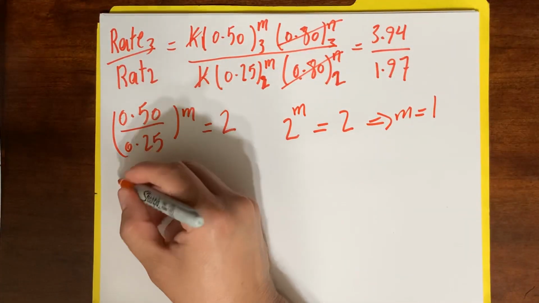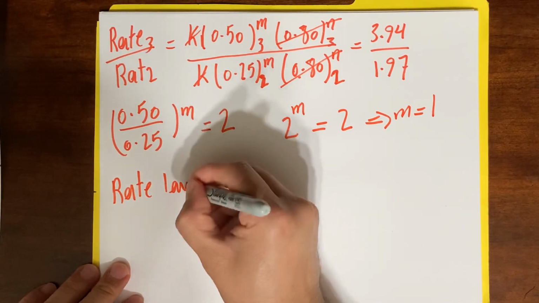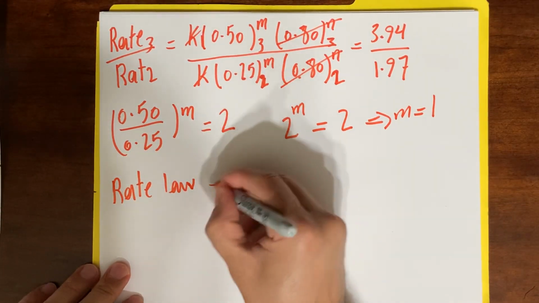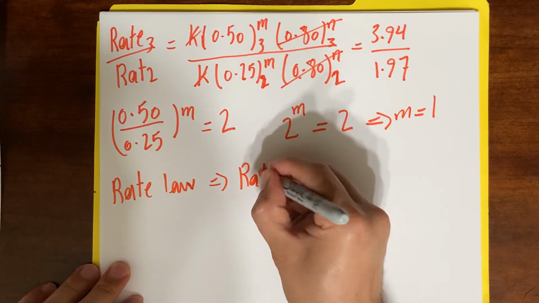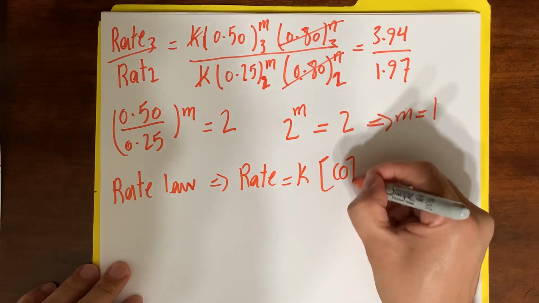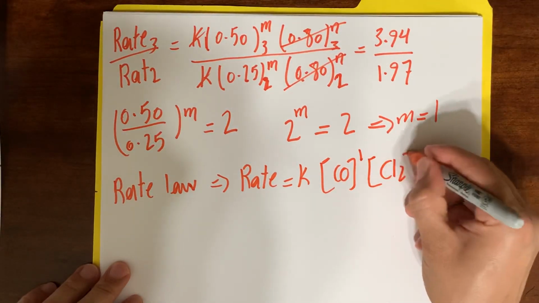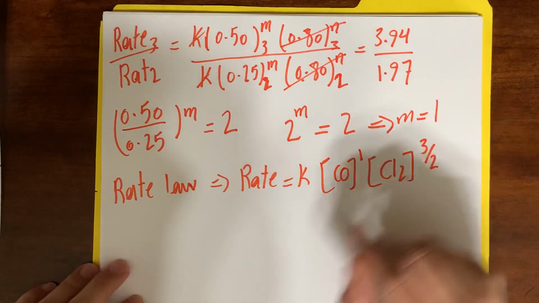Cool. So we got the rate law. Rate equal to k multiply CO to the power of 1 and Cl2 to the power of 3 over 2.